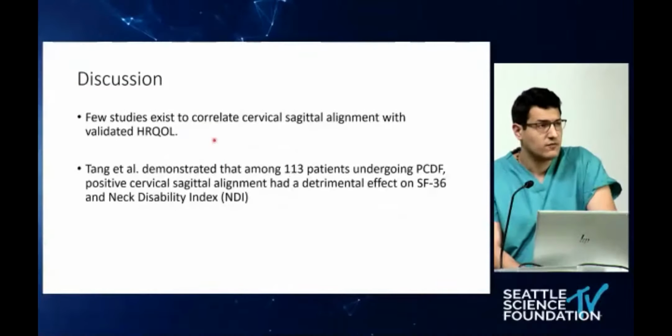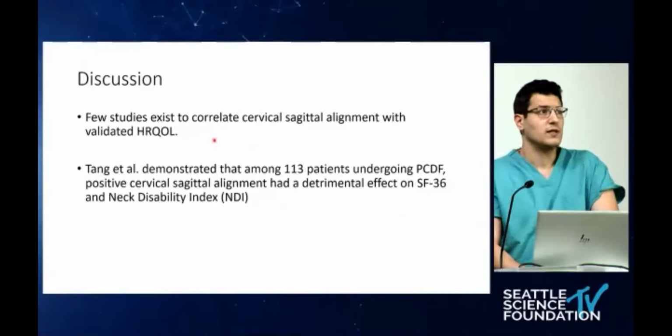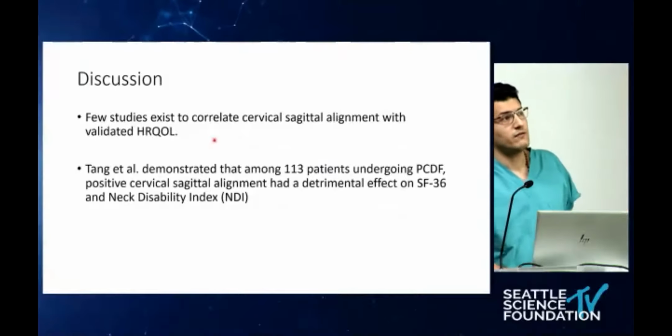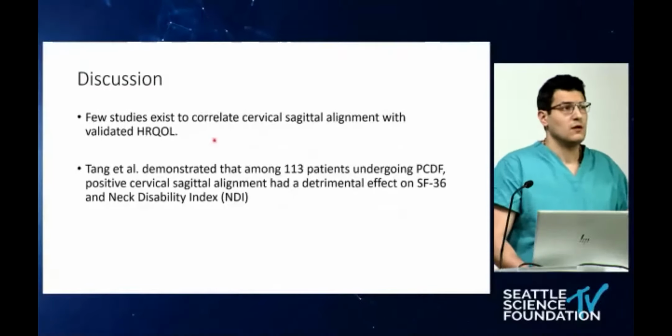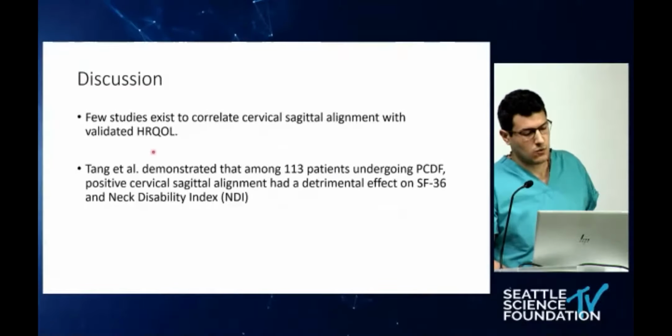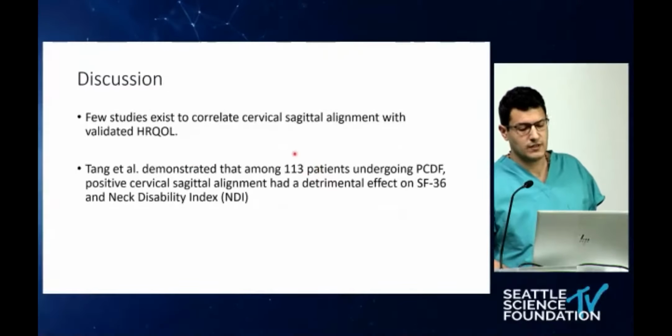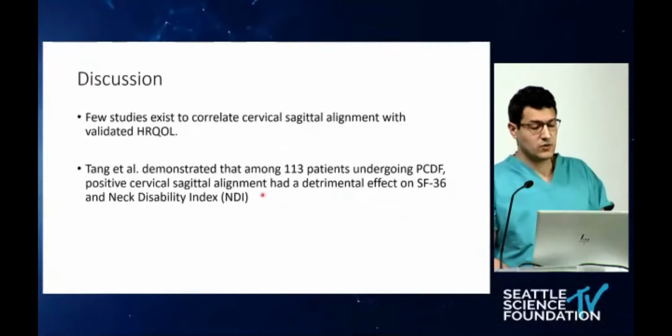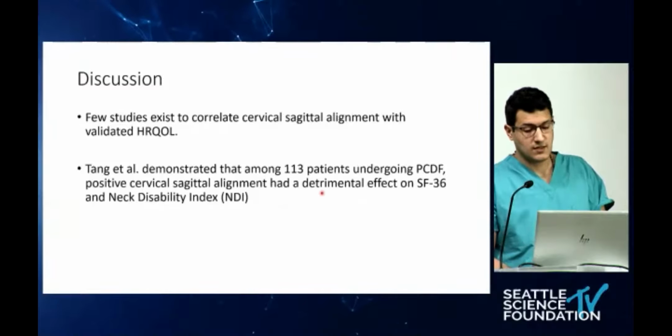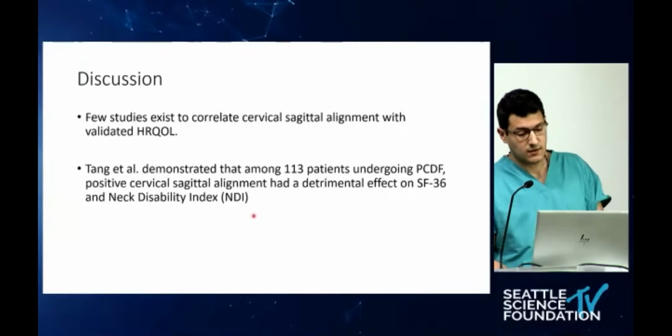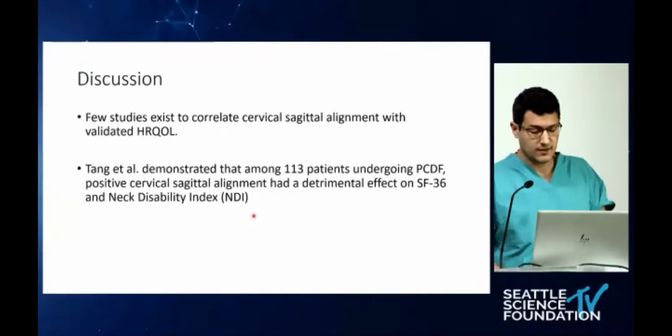They mentioned that fewer studies correlated cervical sagittal alignment with validated quality of life. Two authors, one of them Teng et al., had a paper with 113 patients who had PCDF and found that positive cervical sagittal alignment had a detrimental effect on SF-36 and the NDI, or neck disability index.